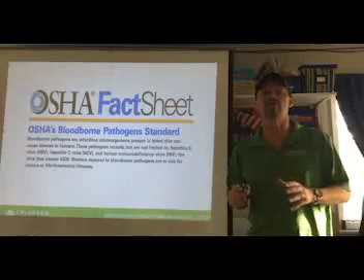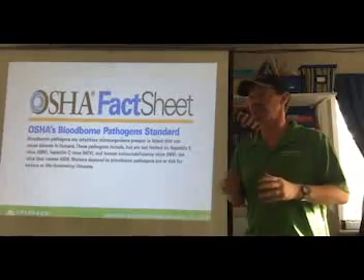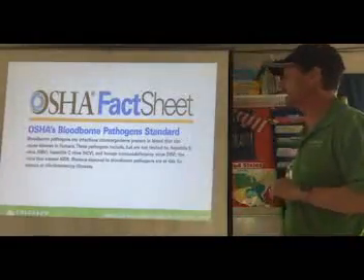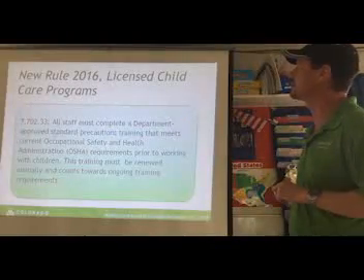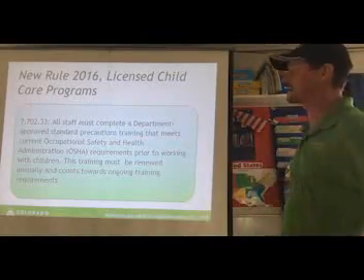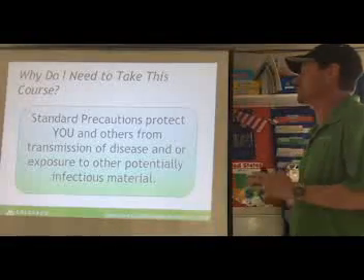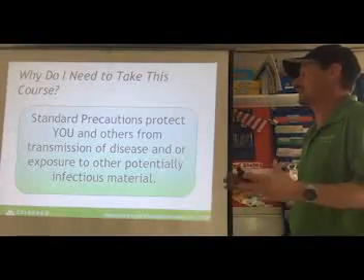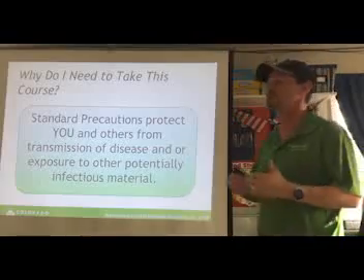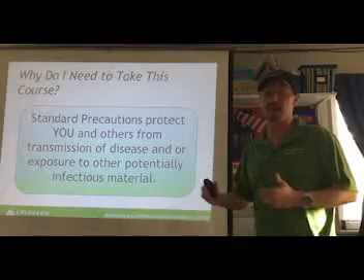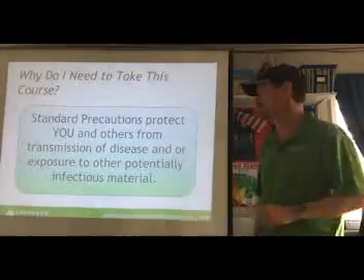So we need to make sure we're aware of how to keep ourselves safe from these. Here's a rule: you got to take this class, part of working with kids. Why do you need to take the class? Because we need to keep you and others safe from that transmission. There's lots of things we can do to prevent the spread of illness and disease. That's why we're doing this today.